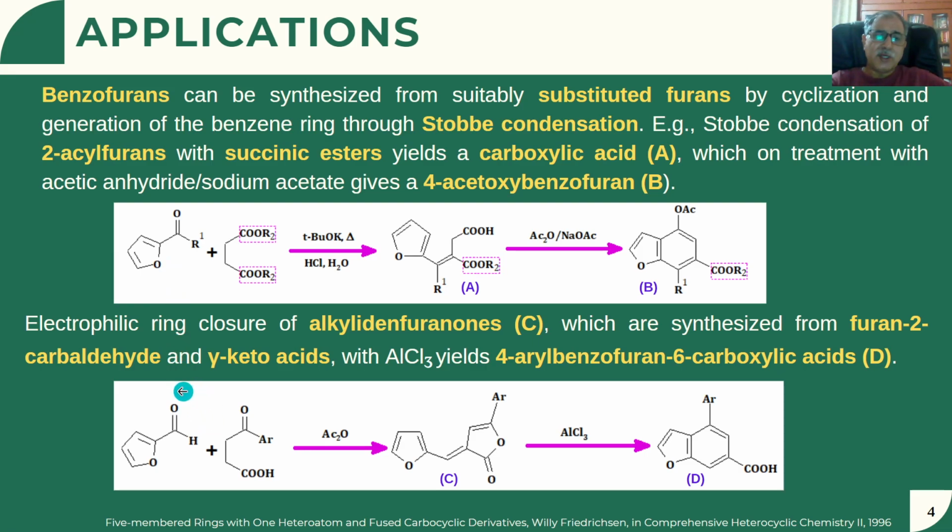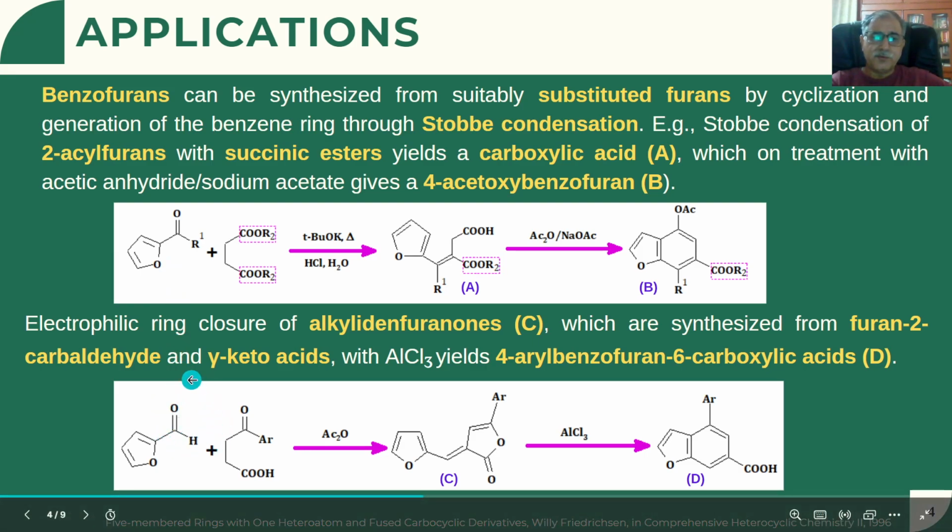Similarly, we can use furan aldehydes also, and furfural, that is furan 2 carbaldehyde, when reacted with gamma keto acids in presence of acetic anhydride, again will undergo the same type of reaction, Stobbe condensation, to give us these types of alkylidene furanone derivatives.